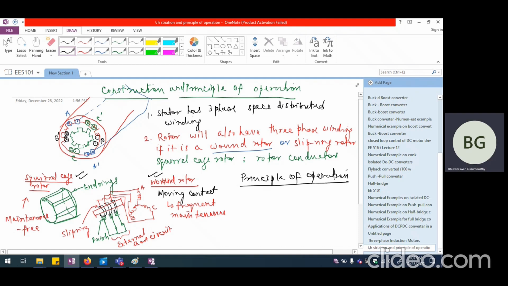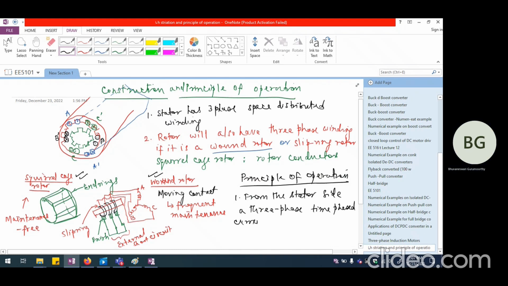So what we are going to do is, from the stator side, a three-phase current input, time distributed, that is, three-phase time-phased current, will be given to the three-phase winding.